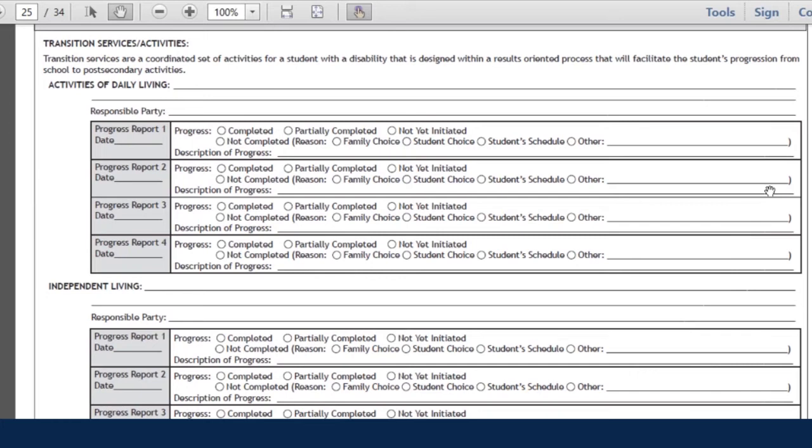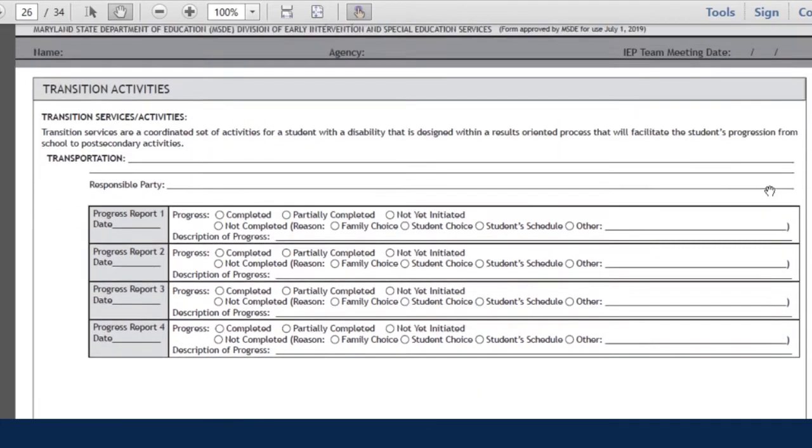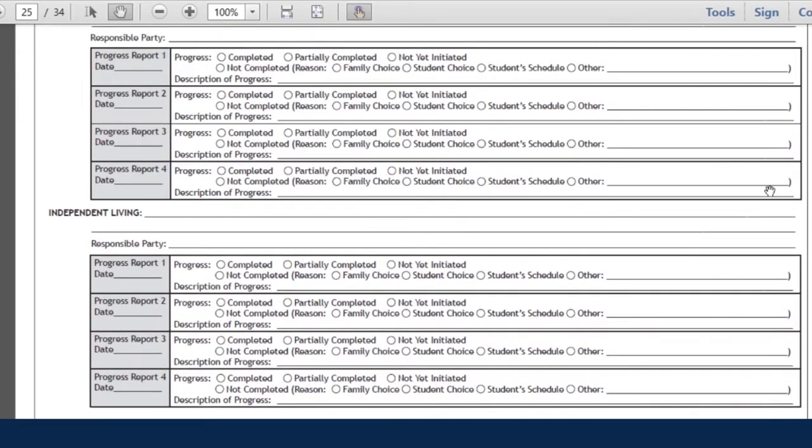They're participating in all of their classes, but maybe they don't have independence skills in being able to communicate to get through a job interview. Then that would be an appropriate job skill that you would want to develop.